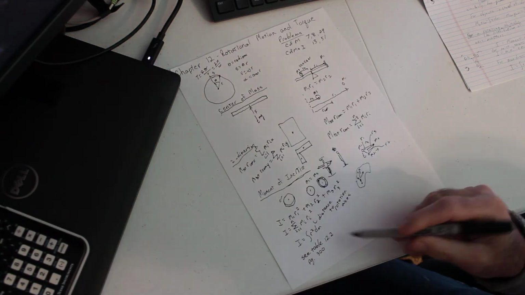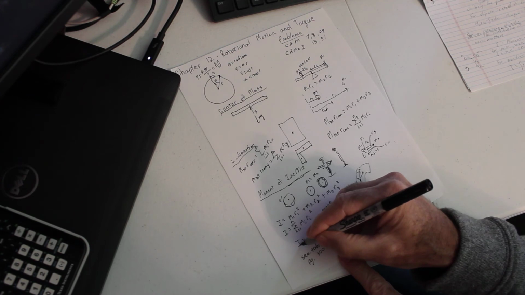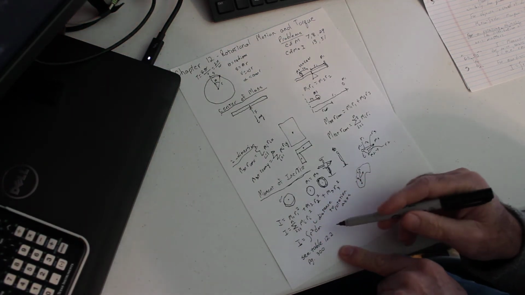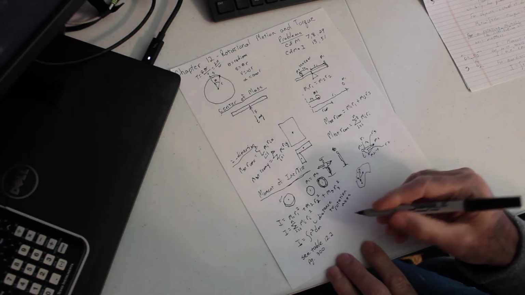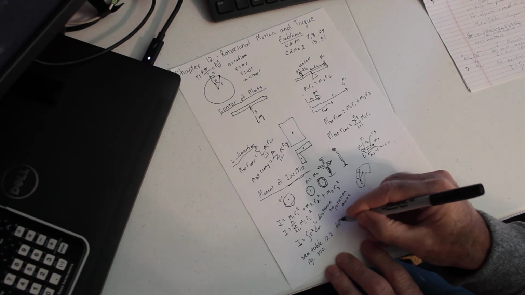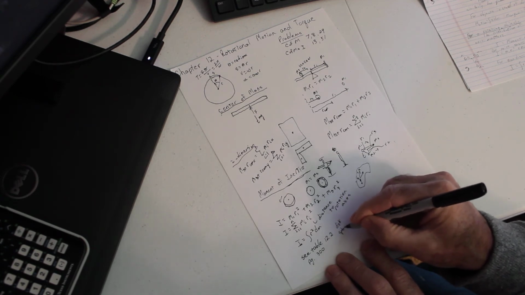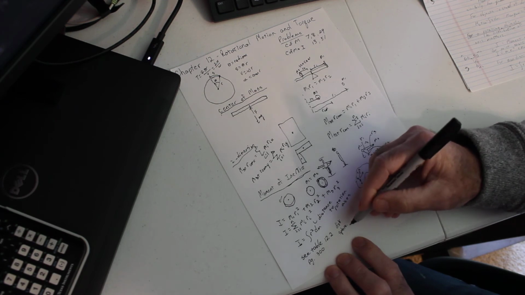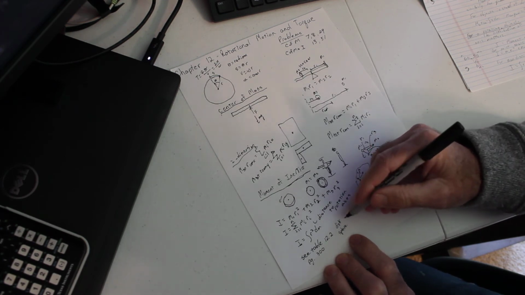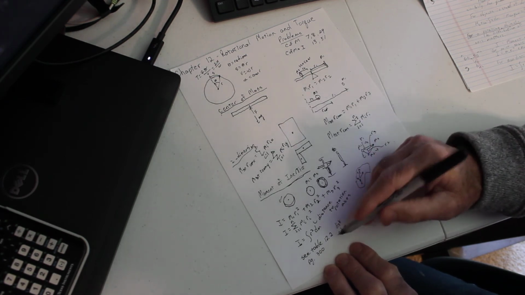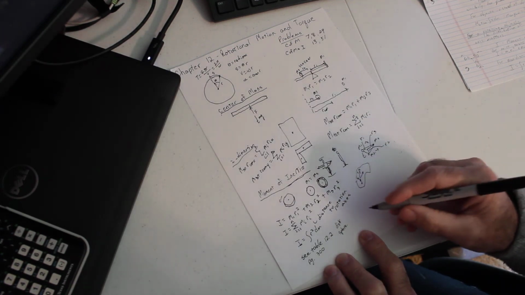It lists I, the moment of inertia, for rotating around the center of mass for standard shapes, like for a disk or for a sphere. And it can be a solid sphere or a hollow sphere or a hoop. Those things are all listed in table 12.2.